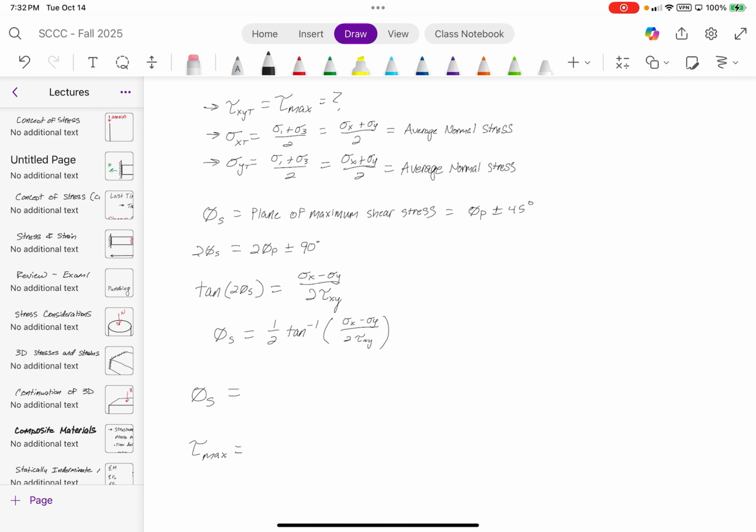Are we using the stuff from the last one? Yes, 1, 2, and 3. And we're using the half tan inverse equation? Yes. Who here got that also?